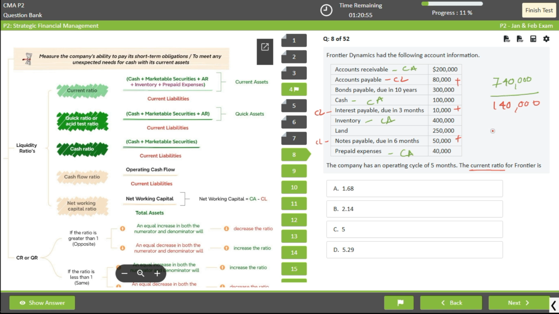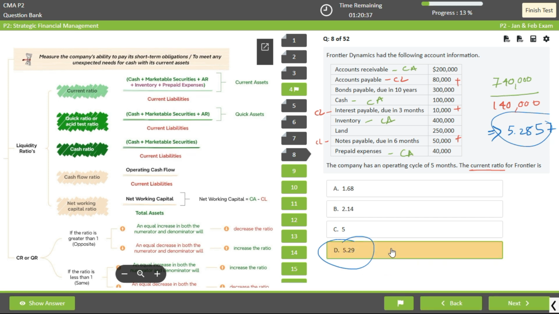So we have 740,000 by 140,000, which is 5.2857. When we round off 5.2857, it comes to 5.29. Yes.